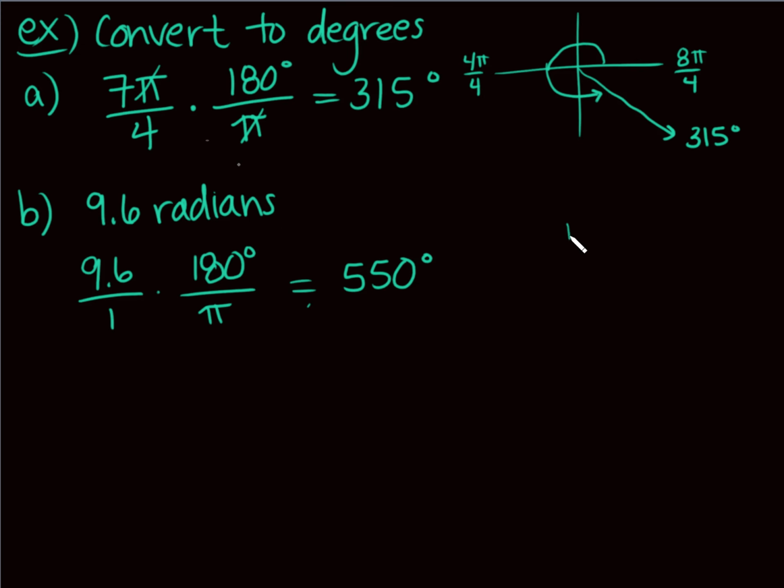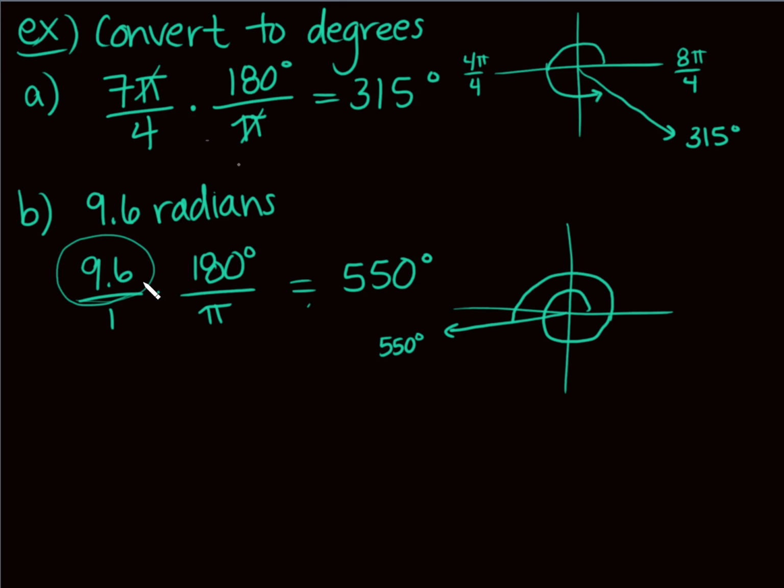So let's see if that makes sense. So 550 degrees. There's 360 degrees, right? 550 minus 360 is 190 degrees. So I'm going to go just a little tiny bit more. Okay, then 190 degrees. So this is going to be my 550 degrees. And does that make sense for the 9.6 radians?